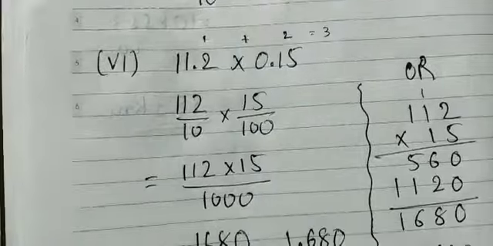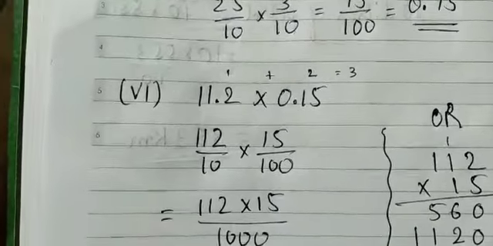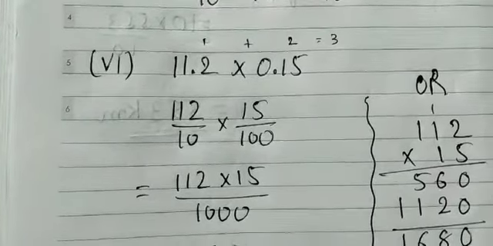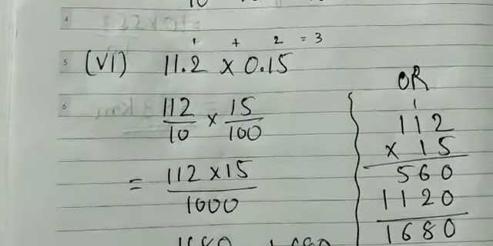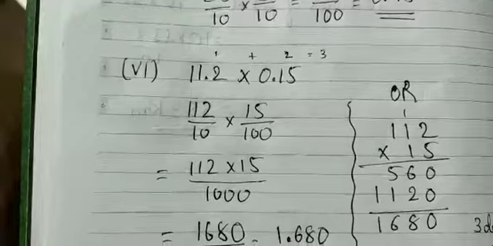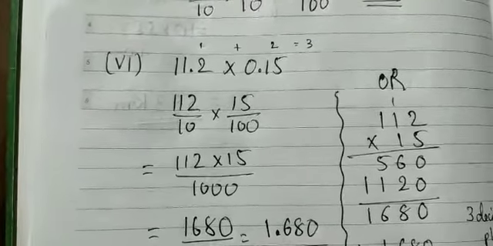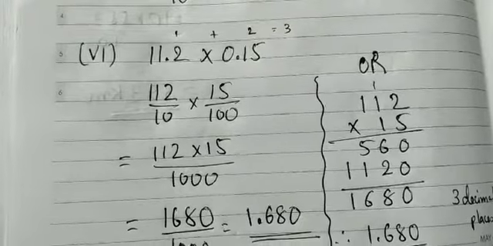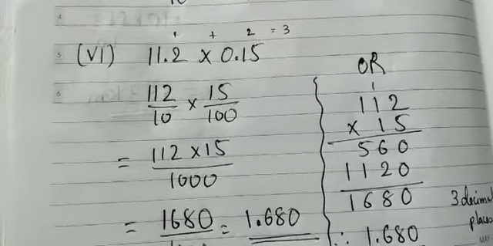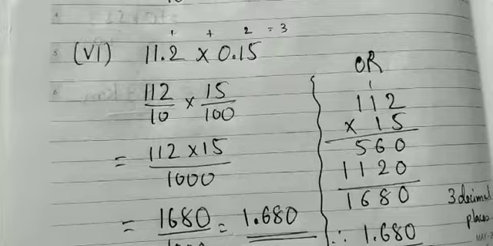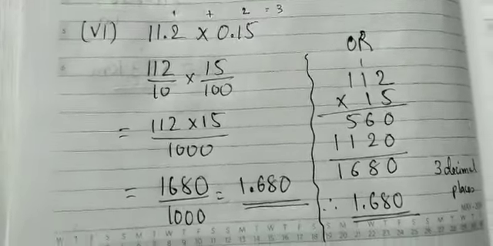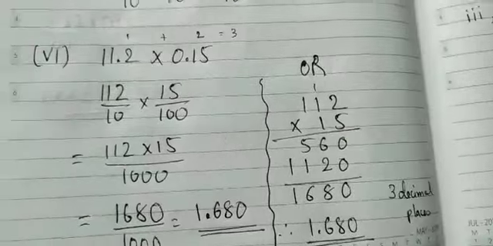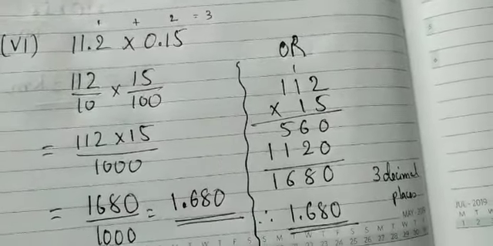Here we come with the sixth sum directly. See 11.2 multiplied by 0.15. So 1 decimal place in 11.2 and 2 decimal places in 0.15. So total how many decimal places are there? 1 plus 2 equal to 3. Right? So here you can see I have multiplied this one. You can see 112 I have multiplied with 15.